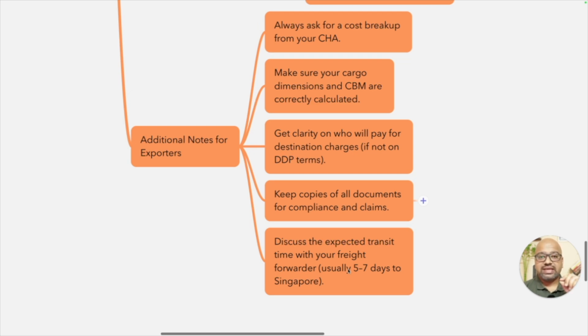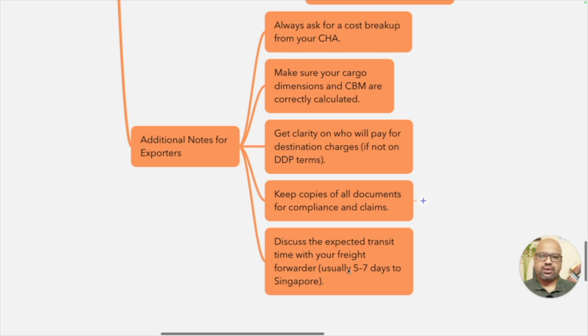In those cases, you need to make sure your freight forwarder or your CHA is capable enough to handle LCL orders, because LCL needs planning and a network of suppliers or exporters, so that everyone sends to him and then he loads it. So they must have enough of a network.